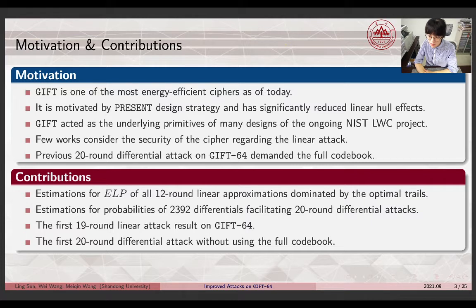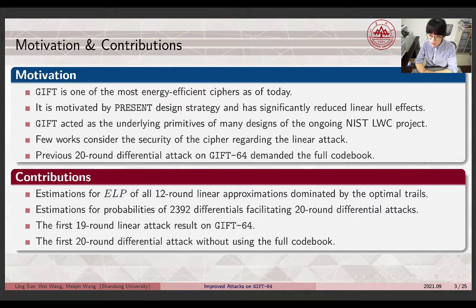At the same time, the previous 20-round differential attack demanded the full codebook. So, motivated by these observations, we aim at improved linear and differential attacks on the cipher. And we think this will promote a comprehensive perception of the security of GIFT-64.